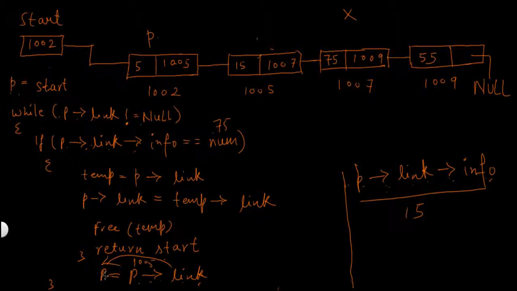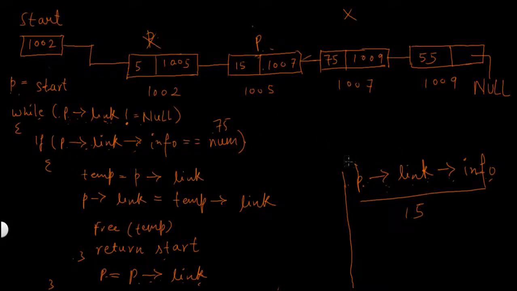So p is now storing the address of this node. So p now means this node. Then this while condition will be checked. Now p arrow operator link now means link part of this node, and link part of this node is not equal to null. So this while condition is true. So this if statement will be checked.